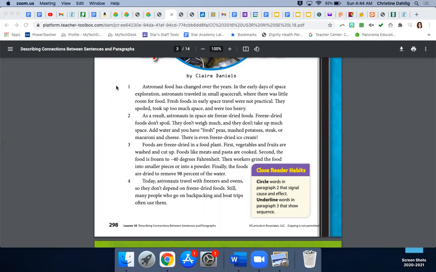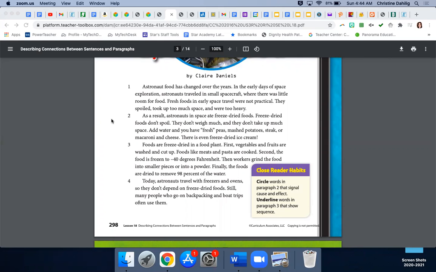Here we go. Astronaut food has changed over the years. In the early days of space exploration, astronauts traveled in small spacecraft where there was little room for food. Fresh foods in early space travel were not practical. They spoiled, took up too much space, and were too heavy.